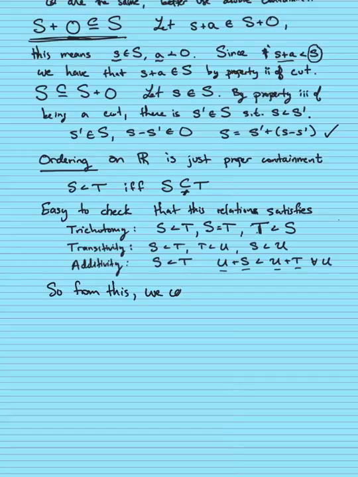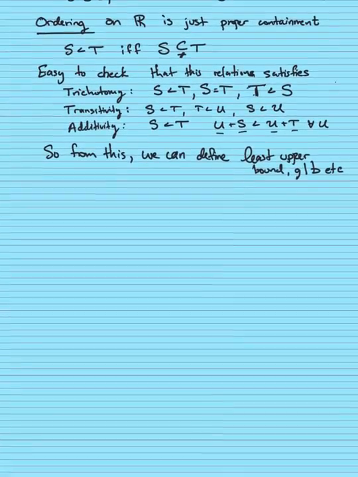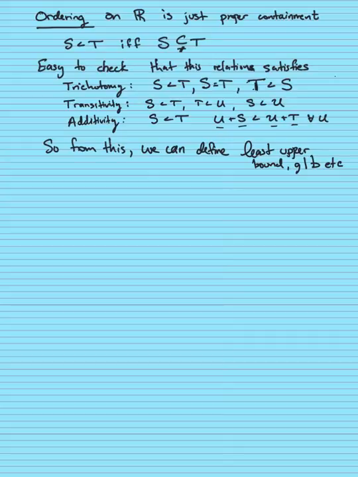So from this, we can define the idea of a least upper bound or greatest lower bound, etc. Okay, so let me just prove one more thing about this set of Dedekind cuts, which is that, say this is a lemma, R, by which I mean the set of Dedekind cuts with the ordering that I've defined so far, R with this ordering satisfies the least upper bound property.